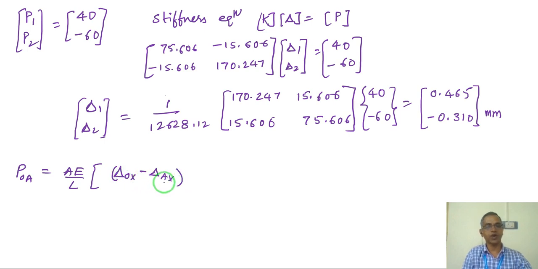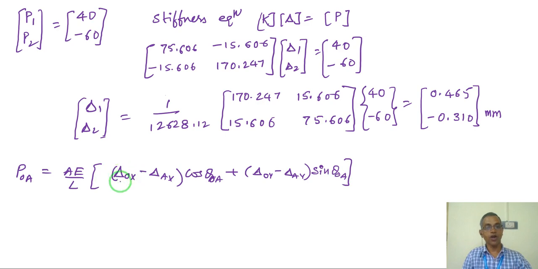Near end is O, far end is A, into cos theta for member OA plus delta OY minus delta AY into sin theta OA. Now look at here.